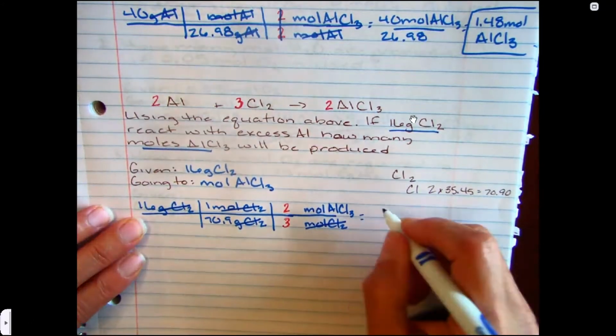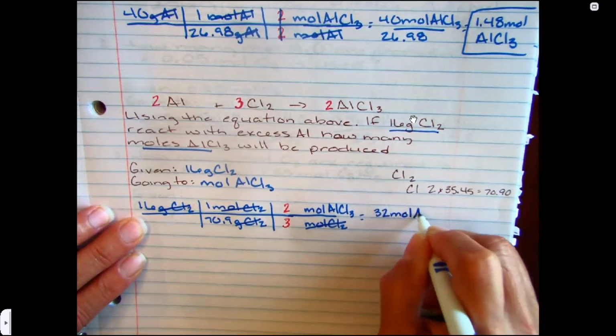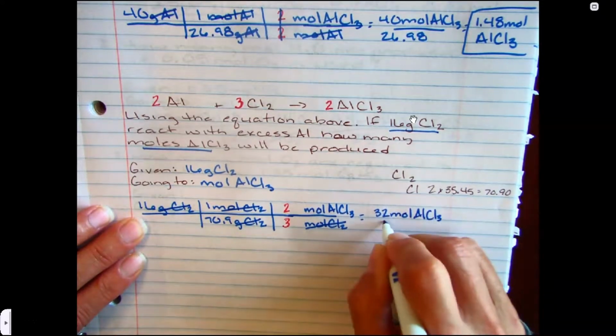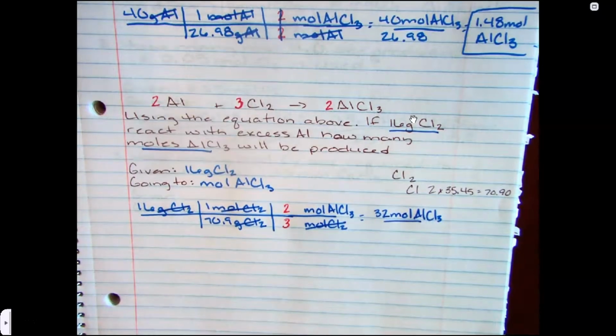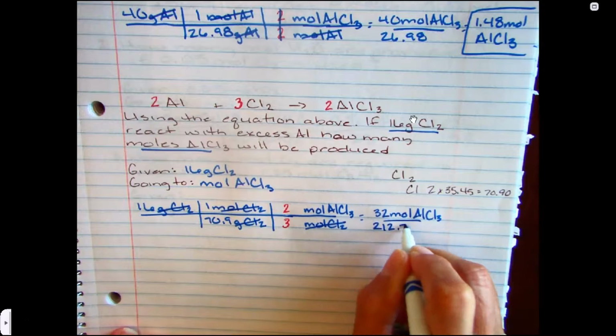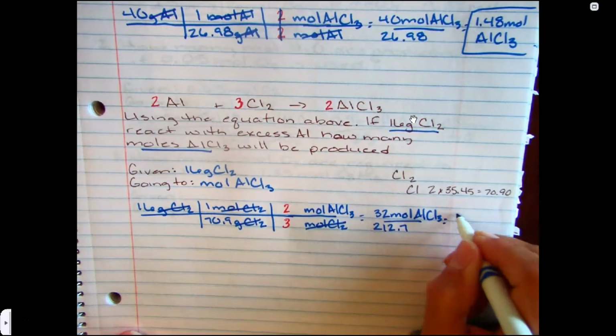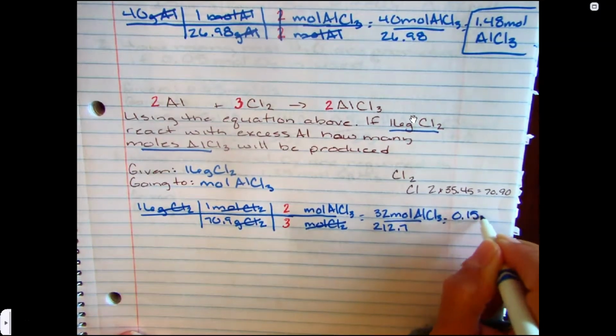So we have 16 times 2, which is 32 mole AlCl3 over, can't do that one in my head, 70.9 times 3 is 212.7. So 32 divided by 212.7 equals 0.15 mole AlCl3.